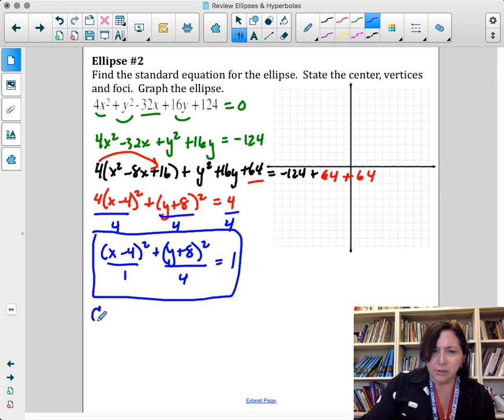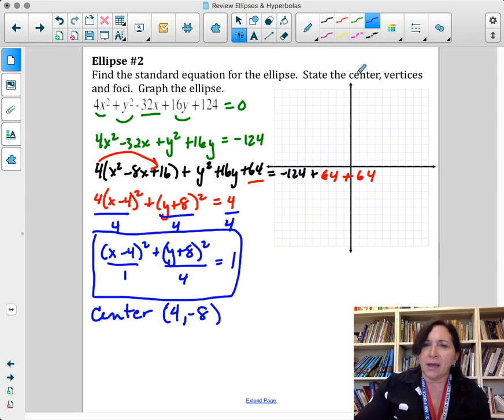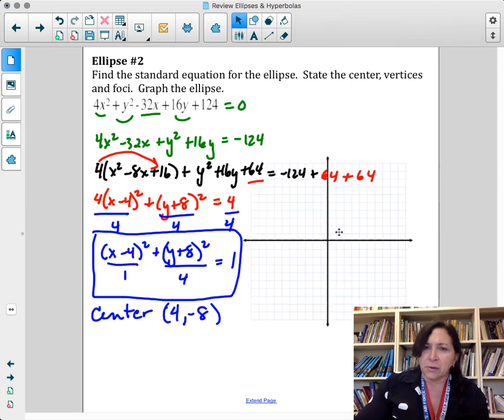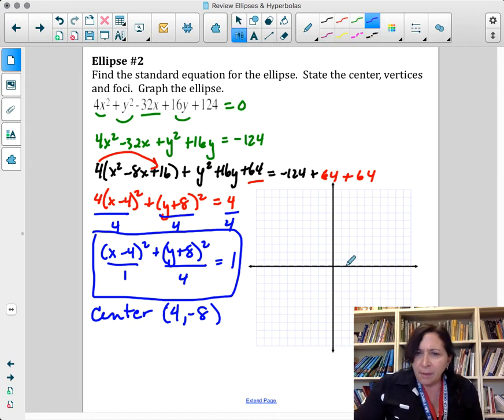You're going to have to list all these attributes of the ellipse. So my center is at 4, negative 8. I'm going to start graphing this. I'm going to put in 4 and then negative 8, so that's right around here. That's my center.